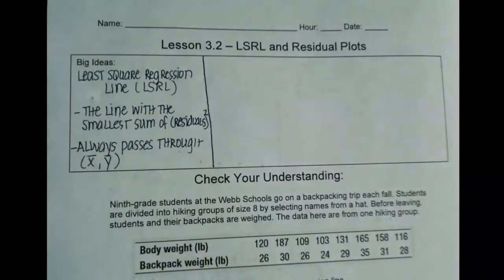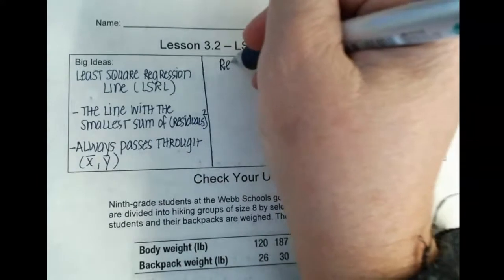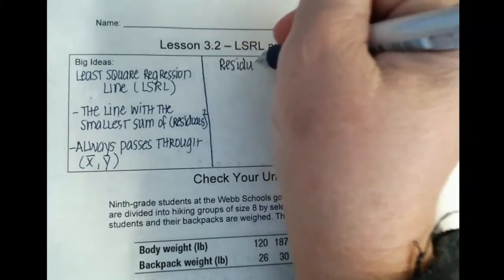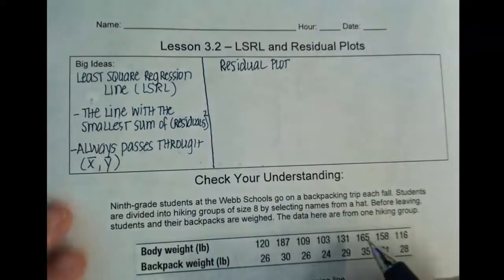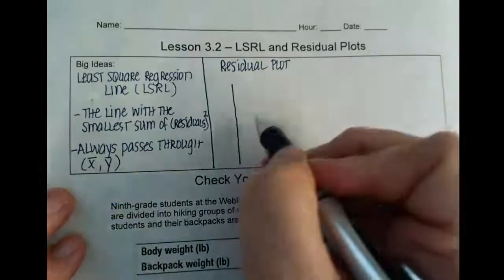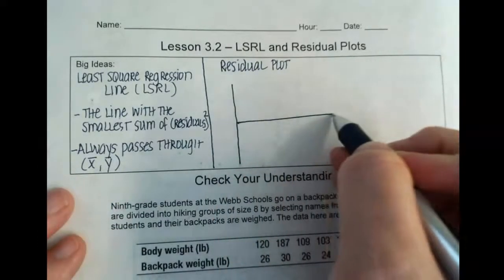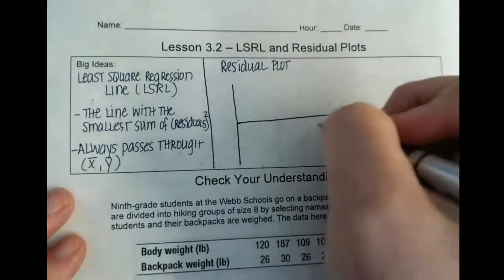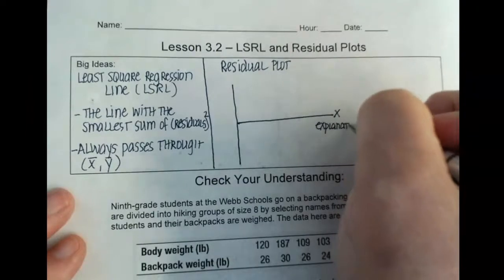The other thing I want to summarize for you is your residual plot. When you draw your residual plot, you've got your y-axis, and this is your x-axis. Remember, your explanatory variable is your x-axis.